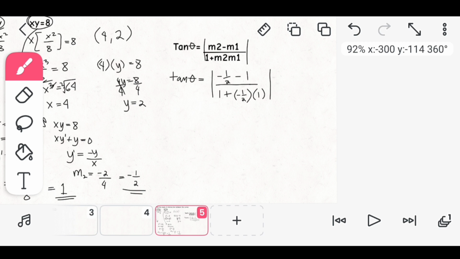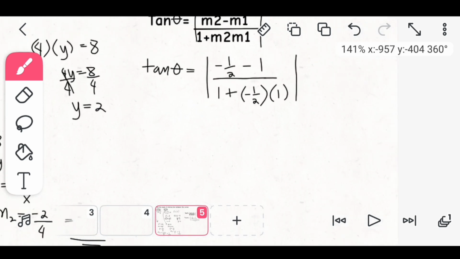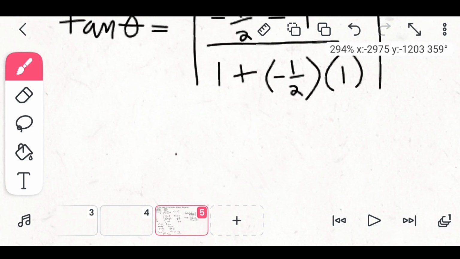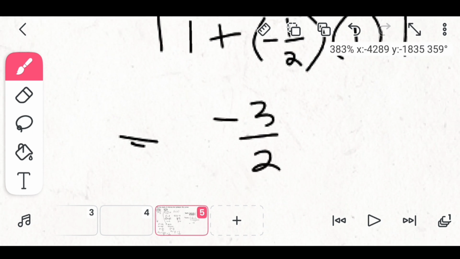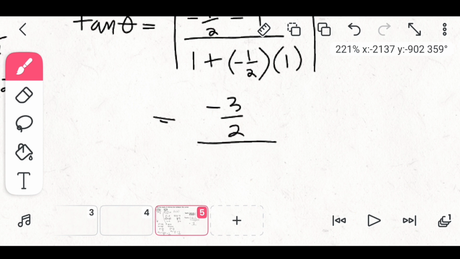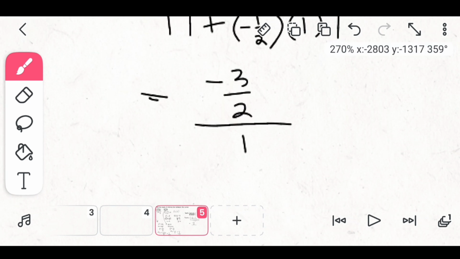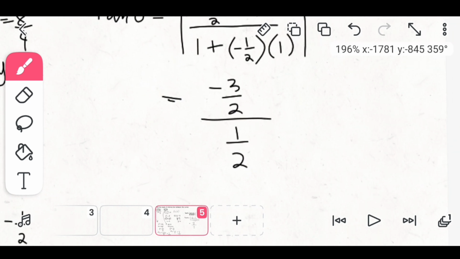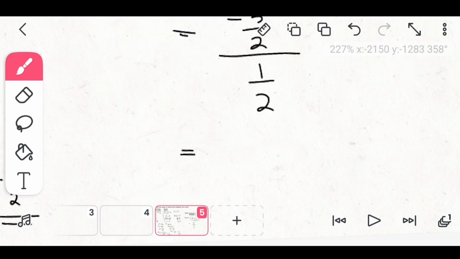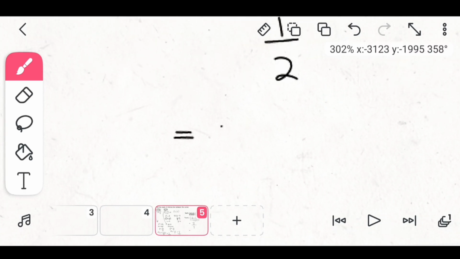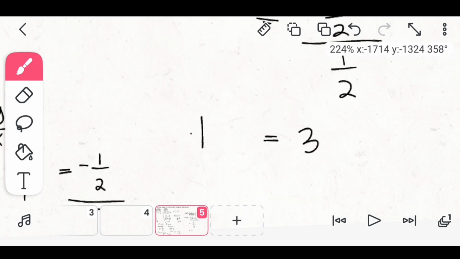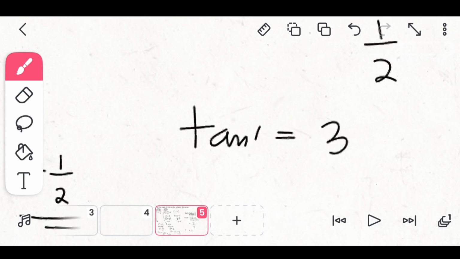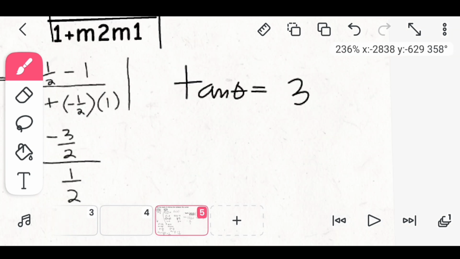Then let's calculate it. It's negative 3 halves over 1 half, which equals 3, since it's in absolute value, tan theta.